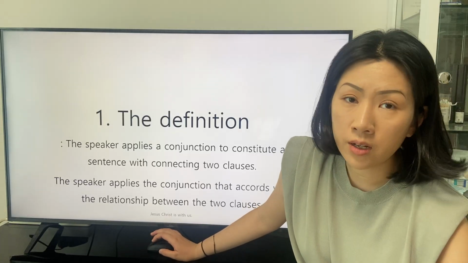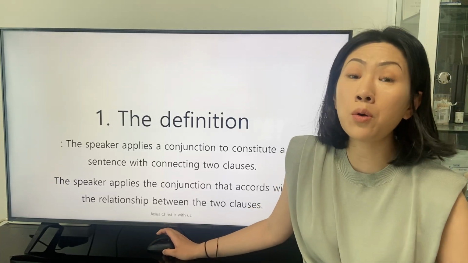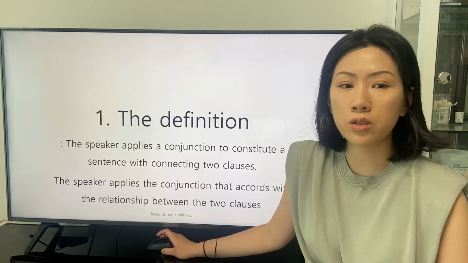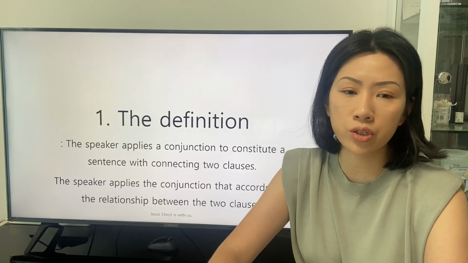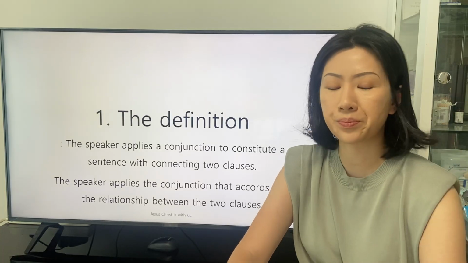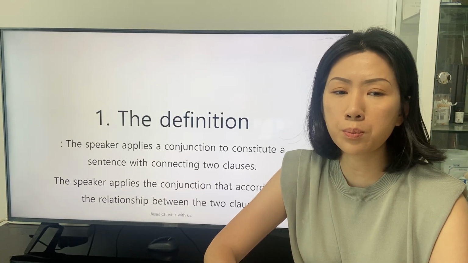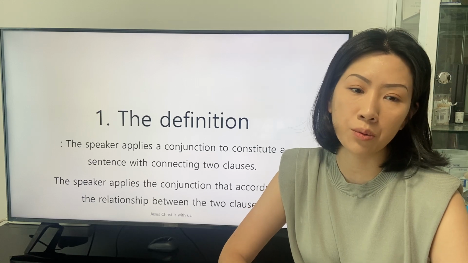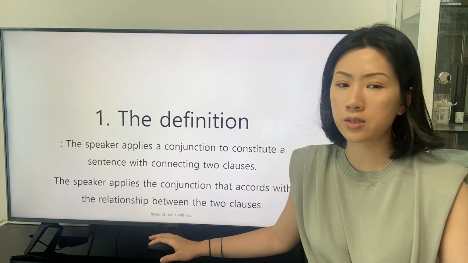Let's start to study about the definition of the coordinating conjunction. The speaker applies a conjunction to constitute a sentence with connecting two clauses. The speaker applies the conjunction that occurs with the relationship between the two clauses.